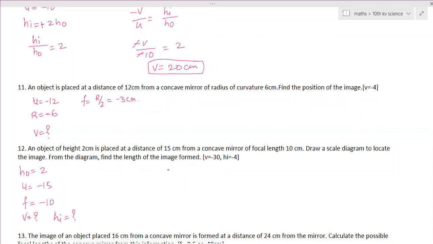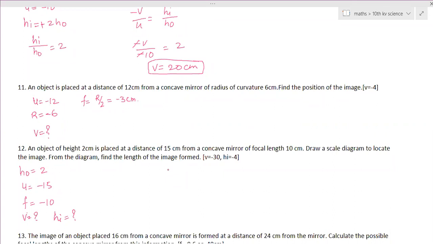Ma'am, is V 30 centimeter? Plus or minus? Plus. No, minus. How? I got it properly. Check. Ma'am, is V minus 30?